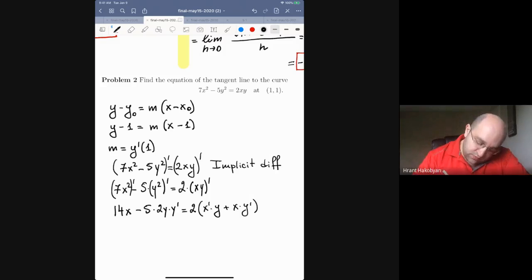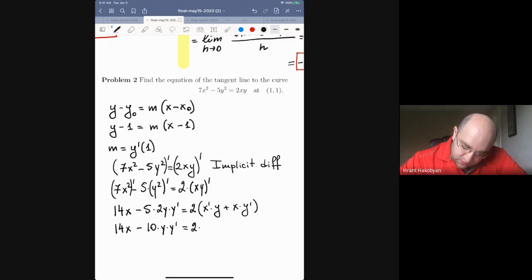So let's simplify. We're going to get 14x minus 10 times y prime, and that's equal to 2 times... Let me just write here that x prime is, of course, the derivative of x, which is 1.